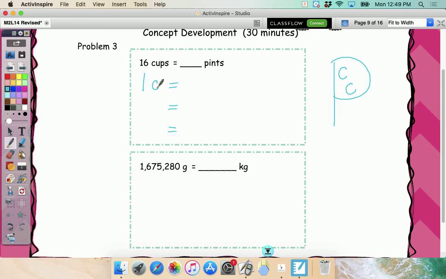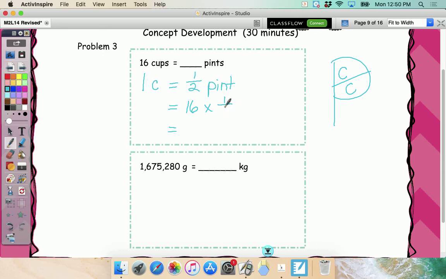1 cup does not equal 1 pint. Half a pint. You guys agree? Yeah. Because half of this would be 1C. Okay. We've got to write pint out. Now, what does my multiplication problem need to be, Liliana? 16 times 1 half.